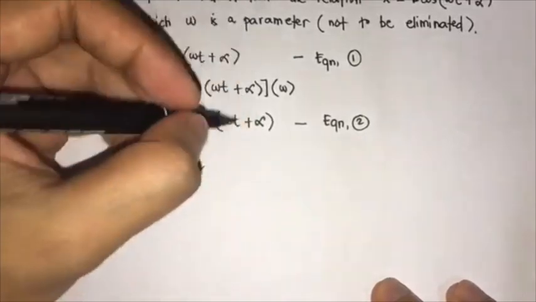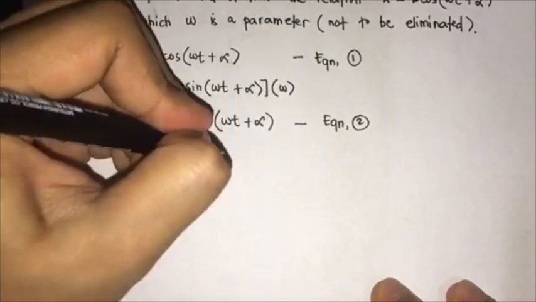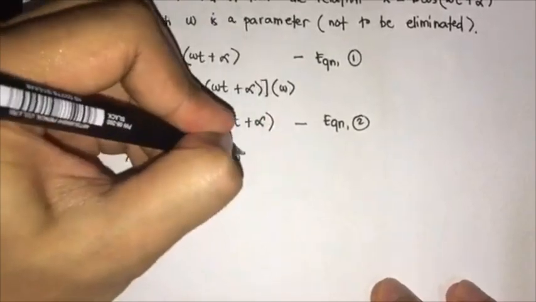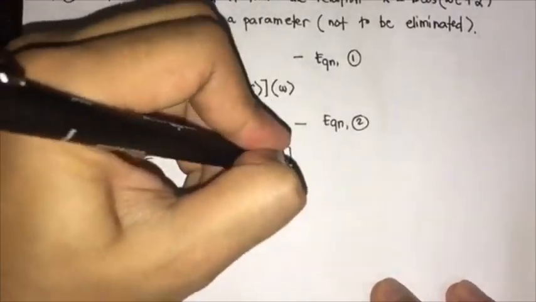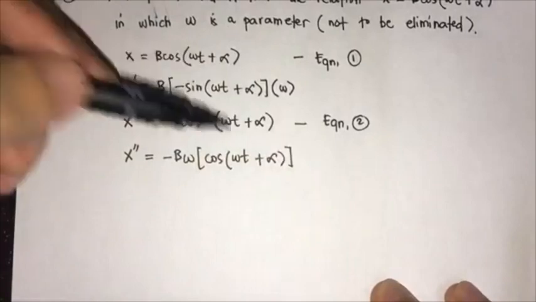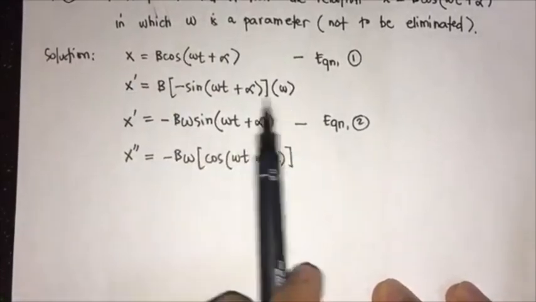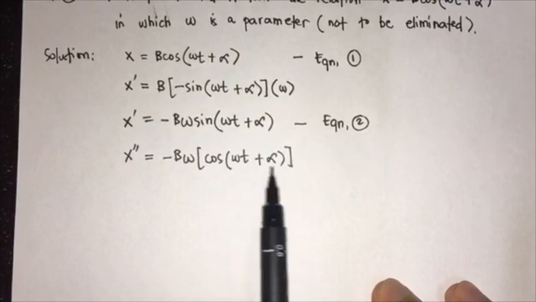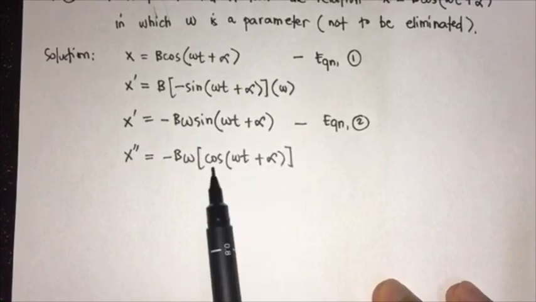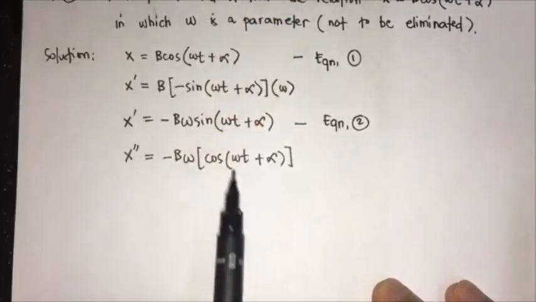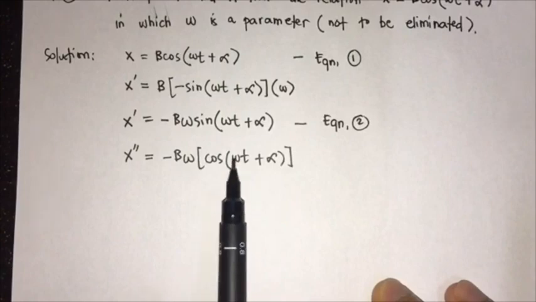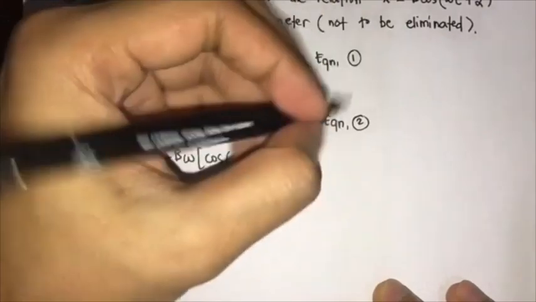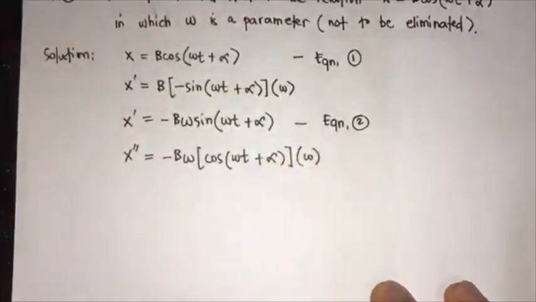The derivative of sine is cosine, and then copy omega t plus alpha, multiplied by the chain rule, the same as what we did here. The derivative of omega t plus alpha with respect to t is omega times 1 plus 0, so what remains is omega.